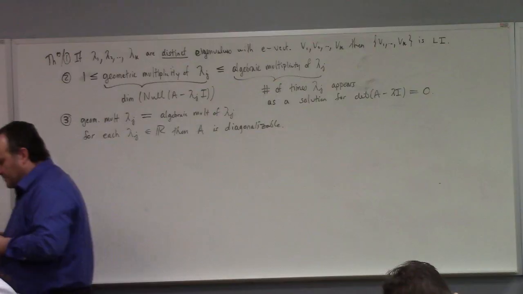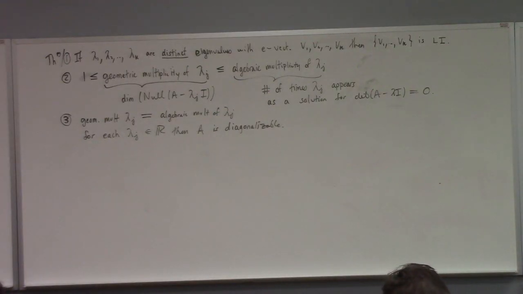So what that means is if the algebraic multiplicity is equal to the geometric multiplicity and all your eigenvalues are real, that's another way of telling you you have enough eigenvectors.